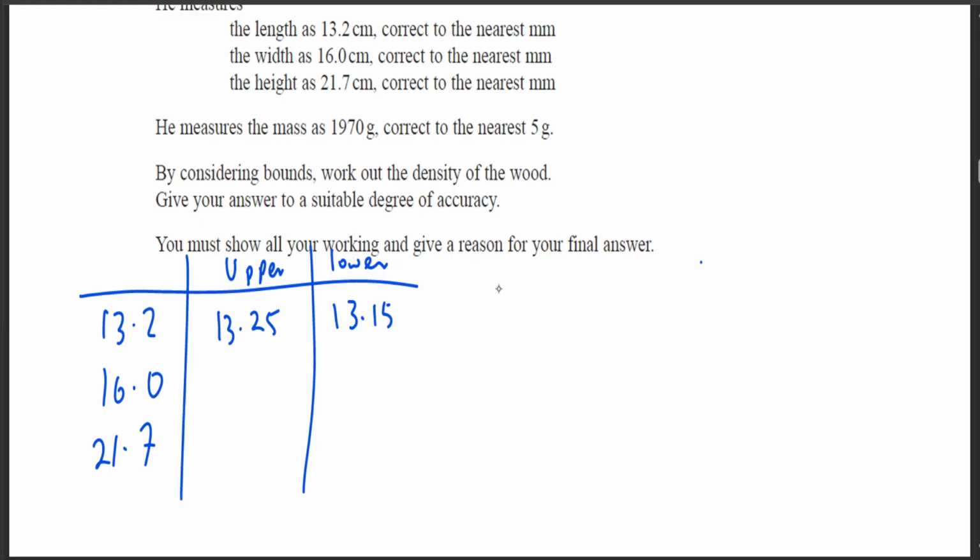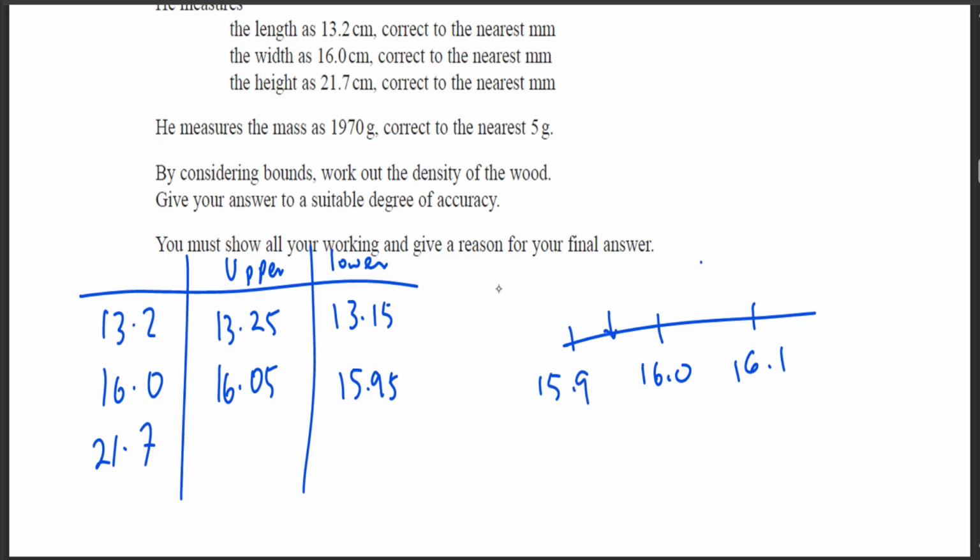So the upper bound of 16.0 is 16.05, and the lower bound is supposed to be 16 point, is it 16 point or 15.95? Because if you look at it, this is 16.0. Let's say 16.1, and then you have 15.9.